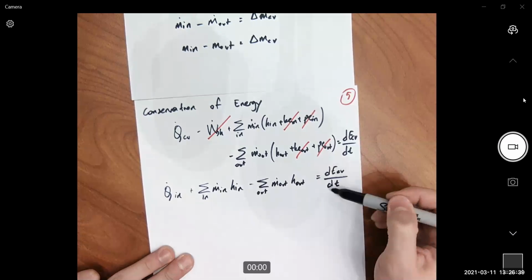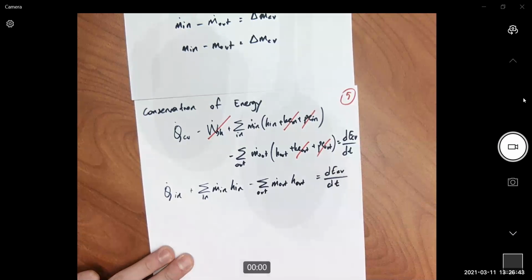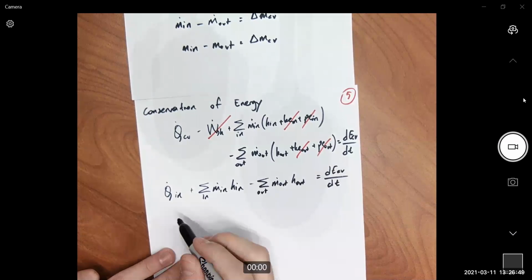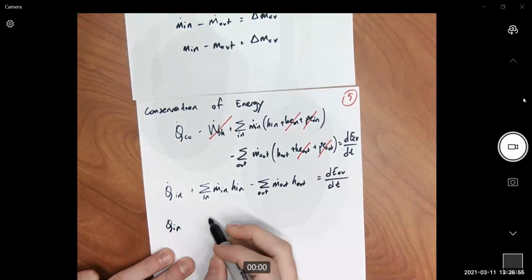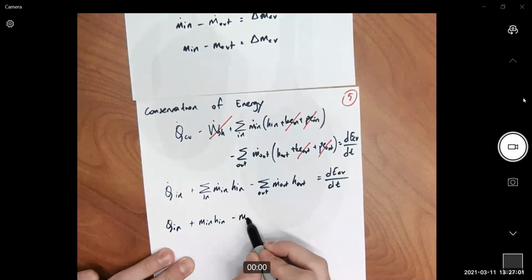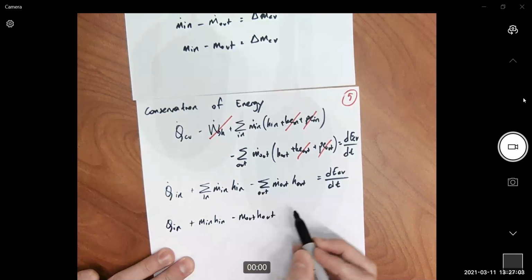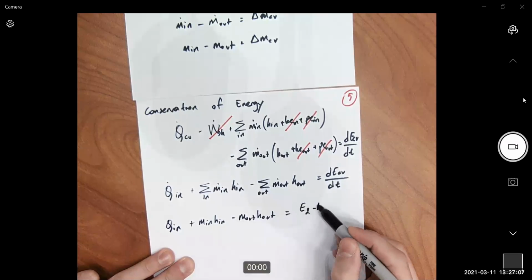Again, you take the integral of this, going from one state to another. So Q in plus m in h in minus m out h out equals E2 minus E1.